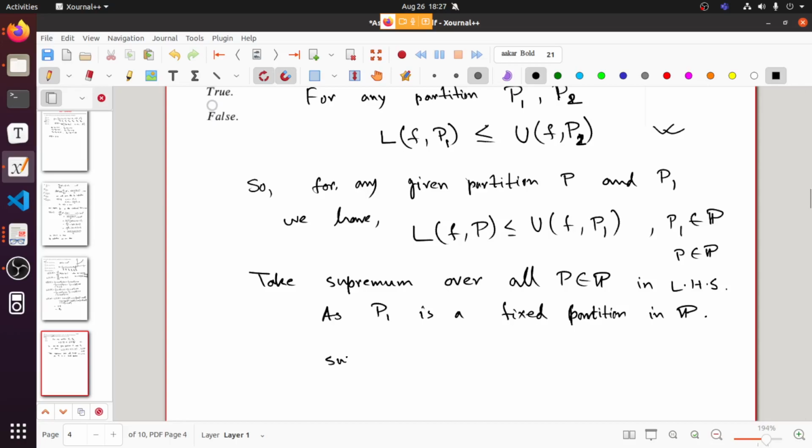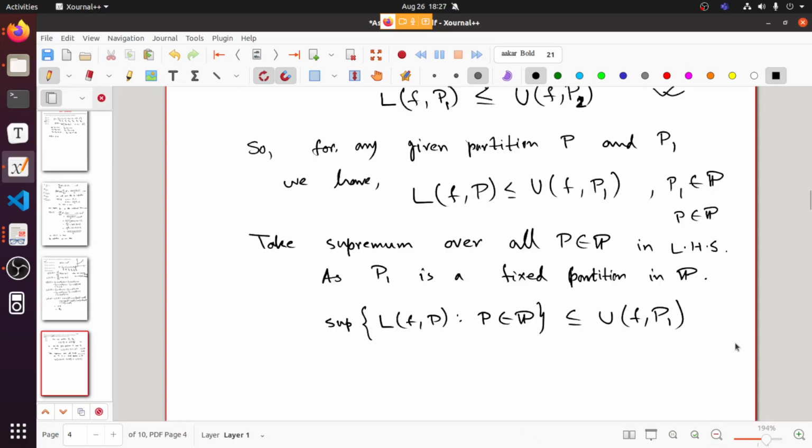So what you will get? That supremum over LFP such that P belongs to script P is less than or equal to UFP1, right? So by taking the supremum in the left hand side, we get the supremum of LFP over P belonging to script P is less than or equal to UFP1.